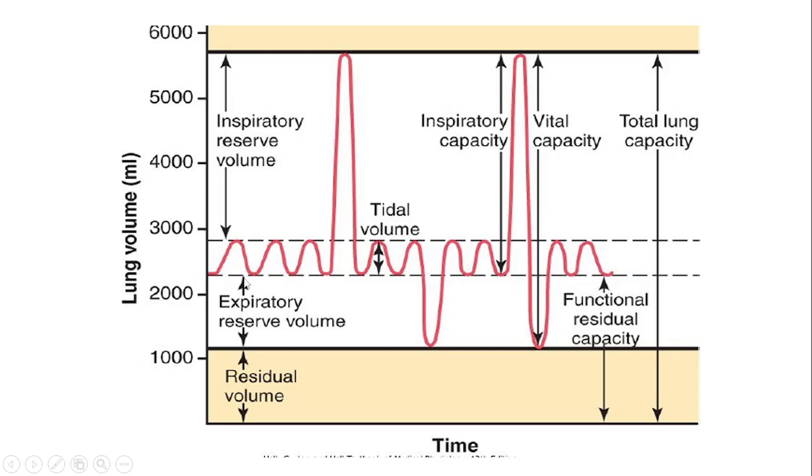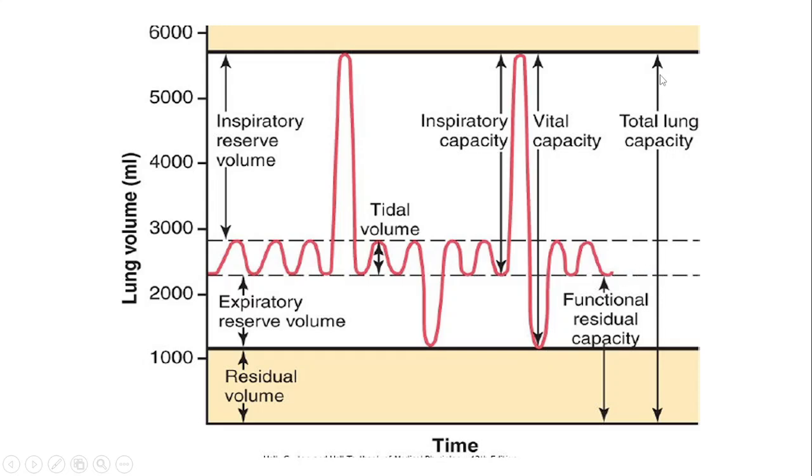So if we summate these two values, expiratory reserve volume with the residual volume, we will get our functional residual capacity, that is 2300 ml. Now the vital capacity. Vital capacity is tidal volume plus the inspiratory reserve volume plus the expiratory reserve volume. That is 3000 plus 500 plus 1100, that is 4600 ml.